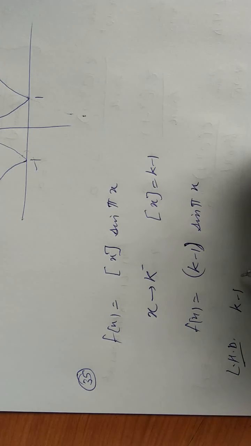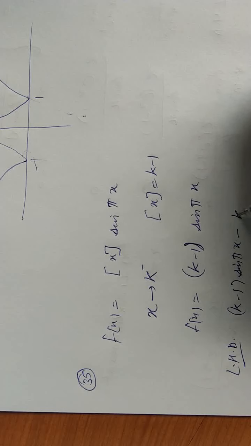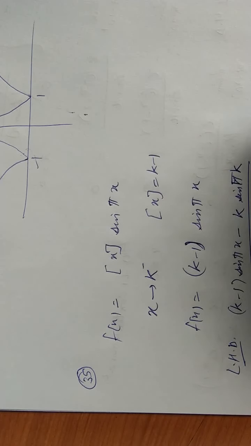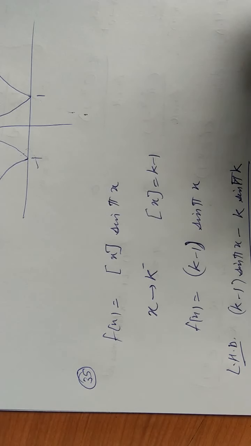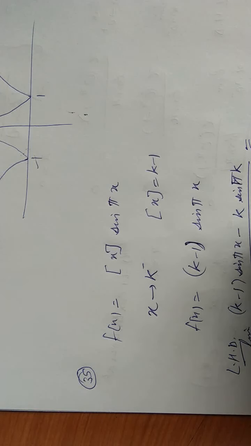So LHD would be (k minus 1) sin(pi x) minus k sin(pi k) upon x minus k, with limit x tends to k.